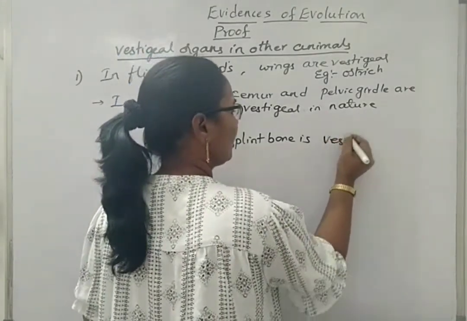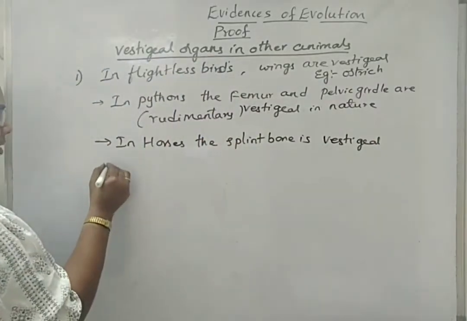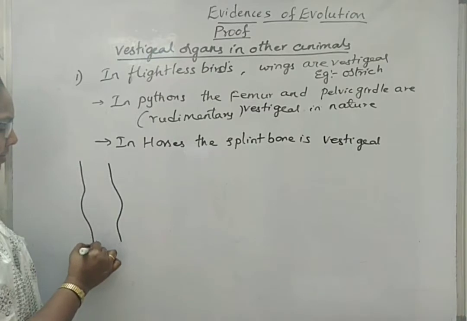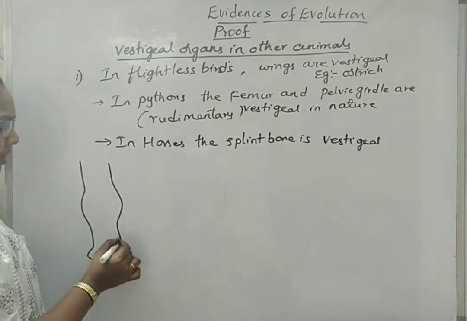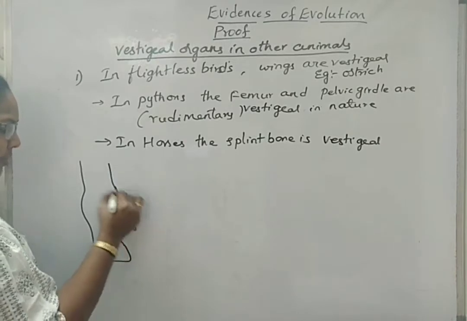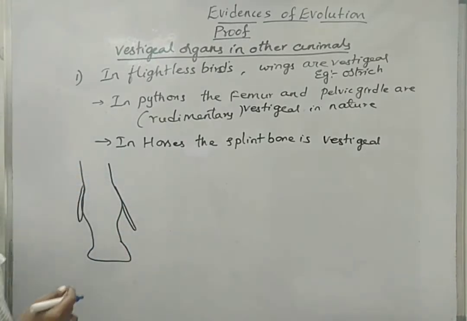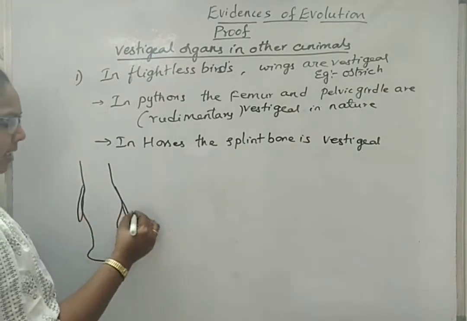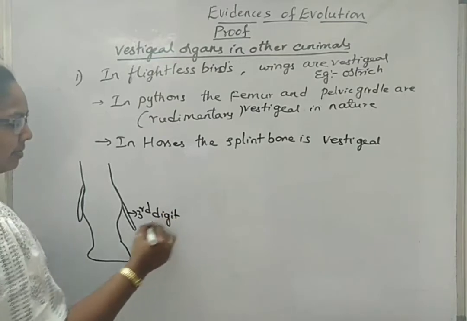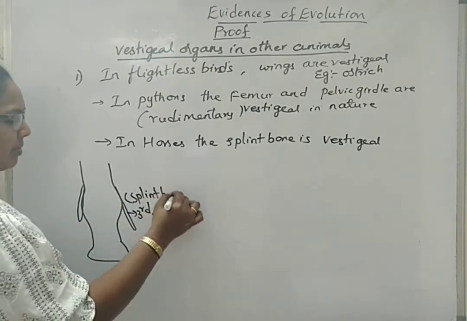Suppose if you take this as leg of a horse, here there are some structures. These are called splint bones. These are considered as third digits. We also call this one as splint bones.